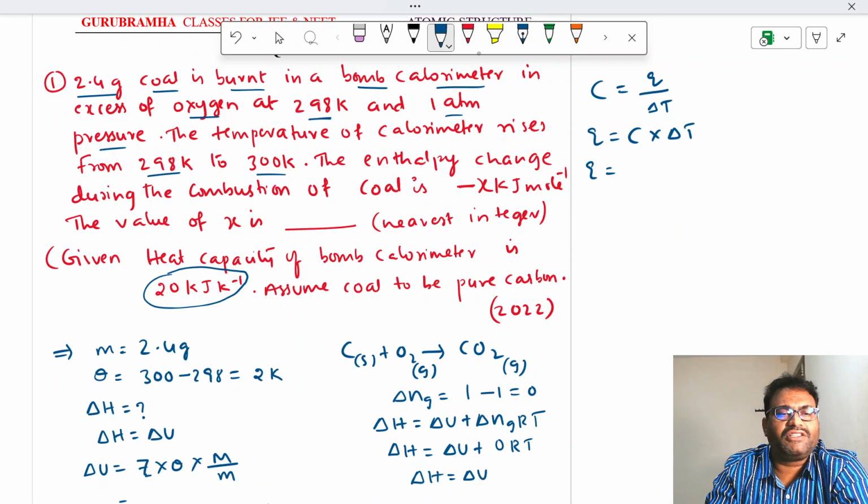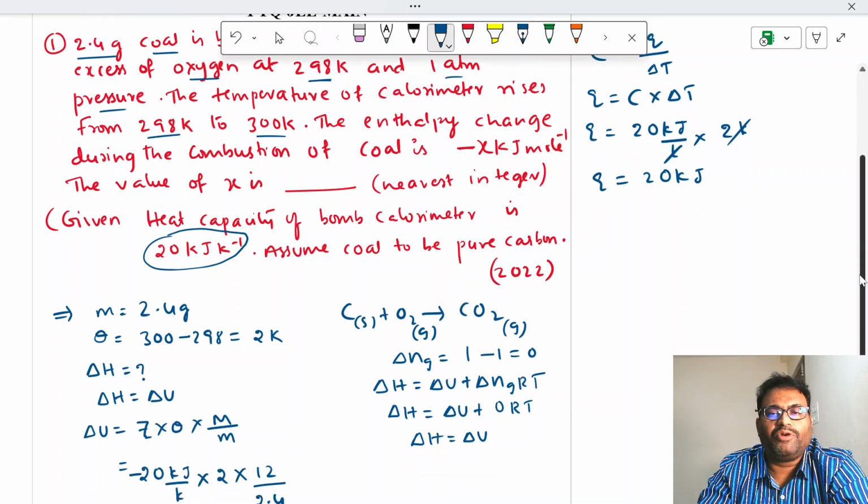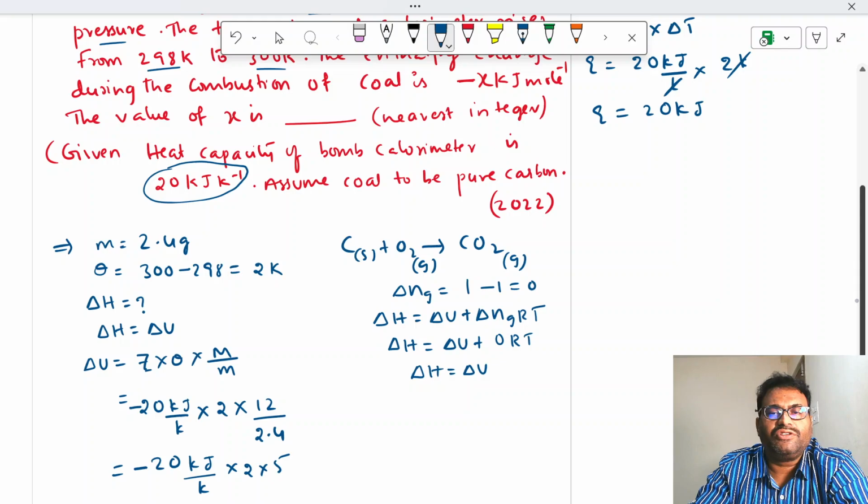What is the C? 20 kilojoule per Kelvin into rise in the temperature is 2 Kelvin. So amount of heat liberated is 20 kilojoules. So 20 kilojoules is liberated when you burn 2.4 grams.